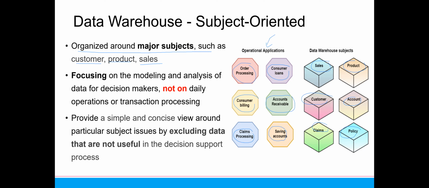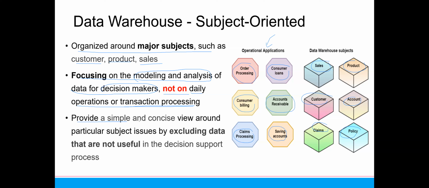The data warehouse focuses on the modeling and analysis of data for decision makers, not on the daily operation or transaction processing. The daily operation means daily data or transaction processing, which is about the data for the transaction.